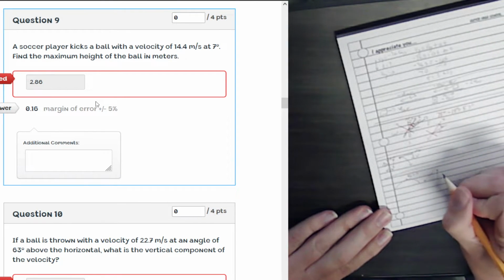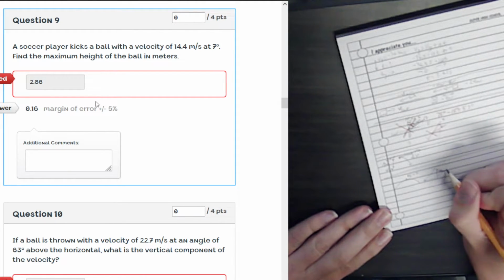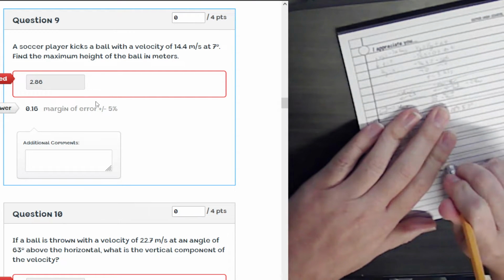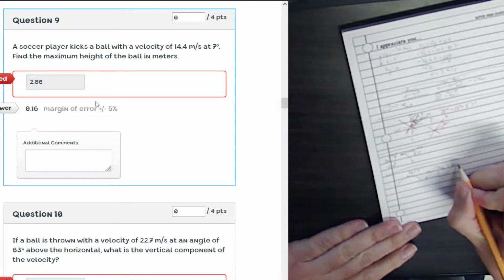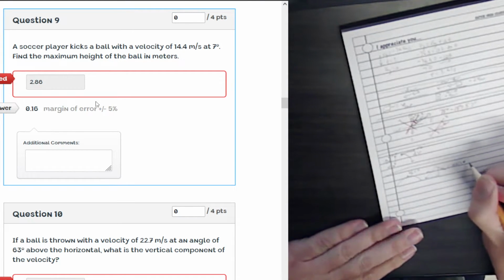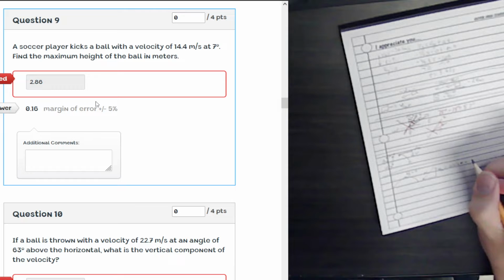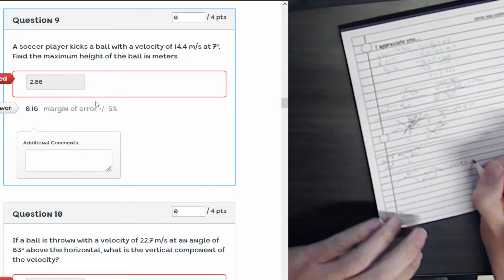And so we can do sine for the y. So v naught y is the hypotenuse times the sine of theta. The hypotenuse in this case is our initial velocity of 14.4.